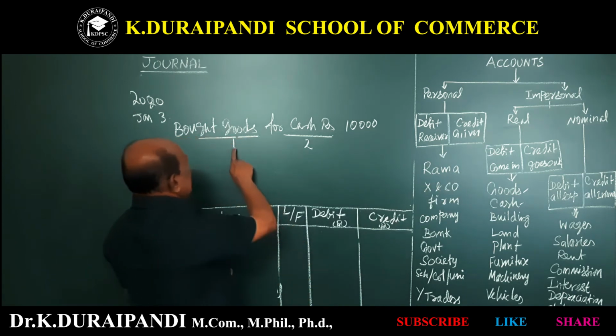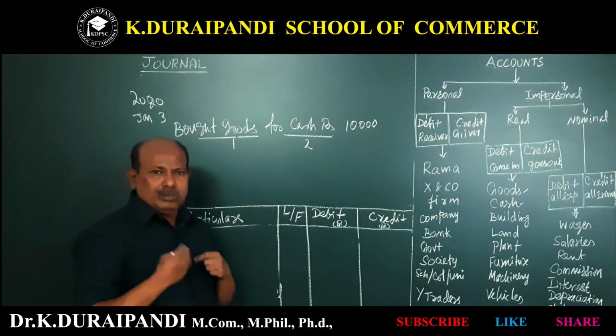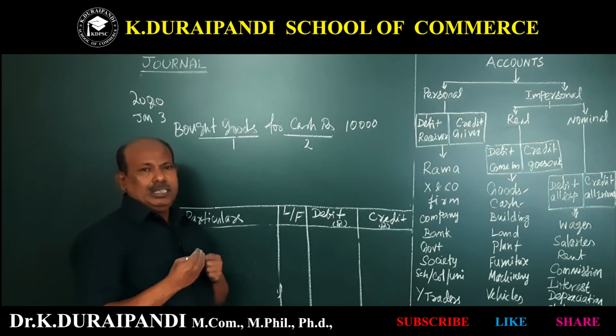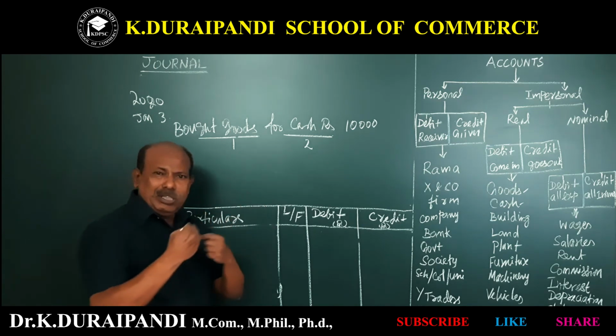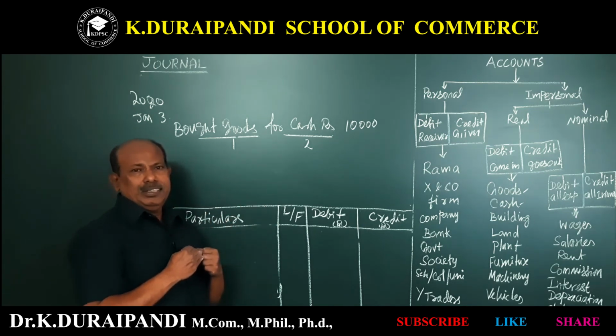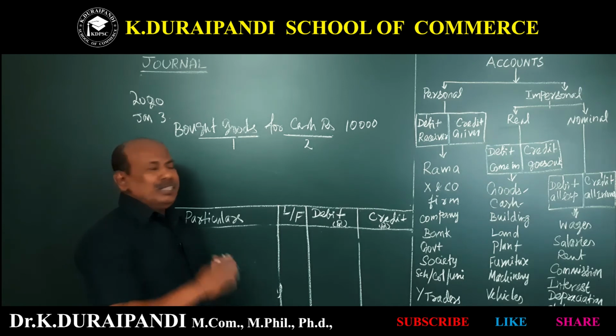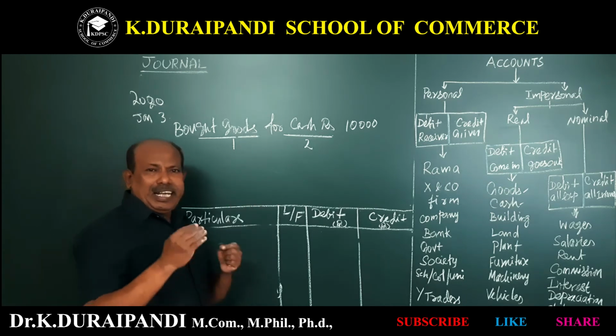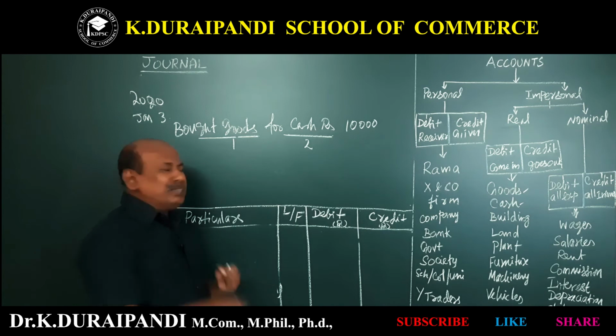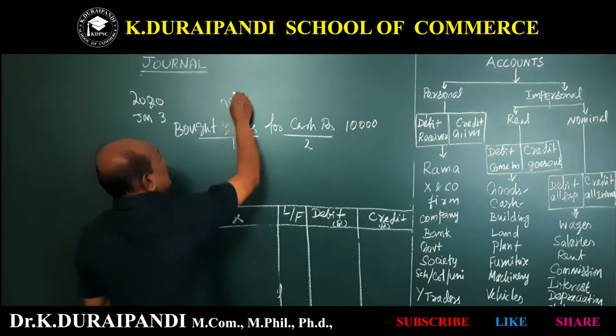With regard to goods, bought goods, receiving the goods. Debit what comes in. Goods comes into the business. That is purchases. Any asset that comes into the business should be debited.